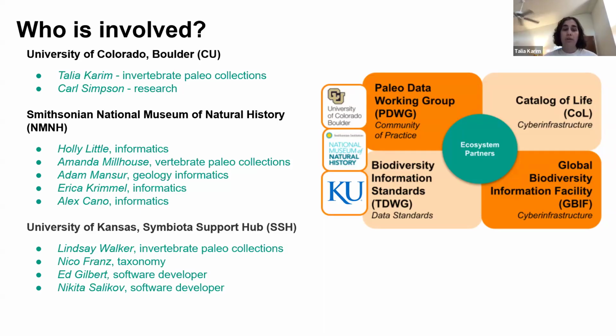And the third product is what we're calling the Paleo Roadmap, which will be a list of suggestions, recommendations, things that are working, things that are not working, where we need to go from here, what needs to be done next. So a community guide to help us figure out what's next.